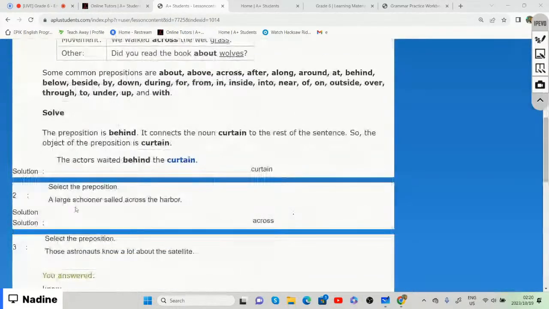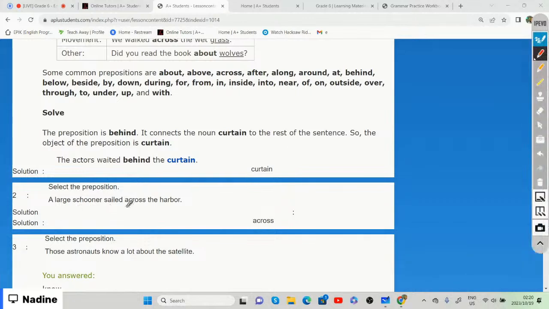A large schooner sailed across the harbor. We need to select the preposition within that sentence. If we identify the preposition, then we can say our preposition is across, which is movement.